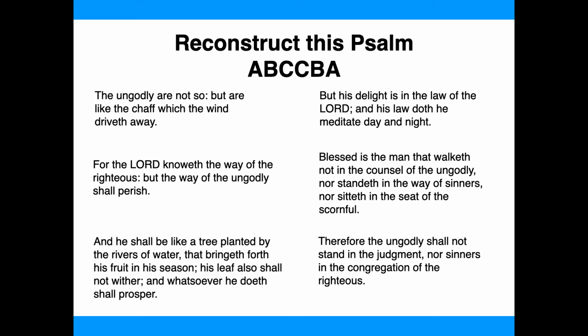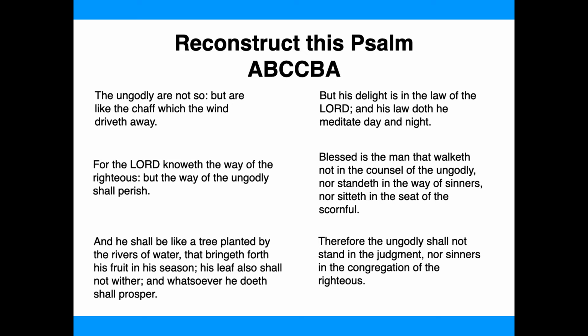And the second one, the bottom one, is the ungodly are not so, but are as the chaff. So we have the tree and the chaff that are both plants, but one is something desirable and something that is not.